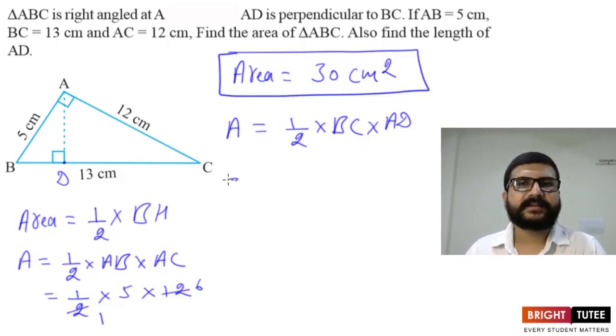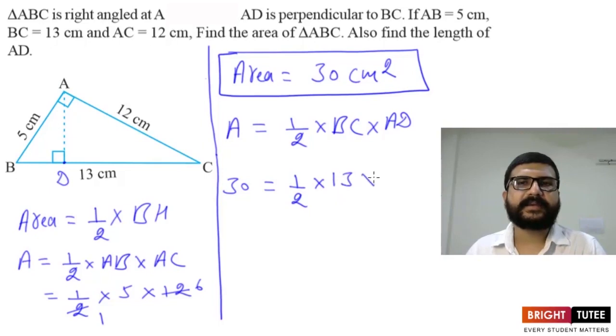So we will get 30, which is the area of the triangle. Area is 30 and this will be equal to half into BC, which is 13, into AD, which we have to find. Now let's transpose this 2 here. 30 into 2 will give us 60 is equal to 13 AD.